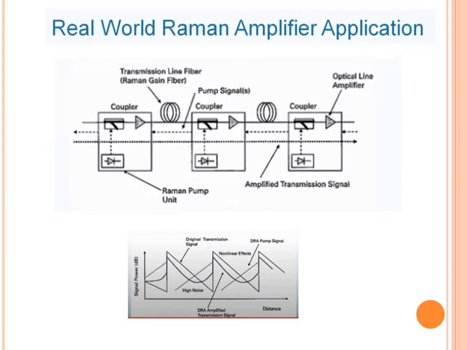So the overall signal is the dotted line, the DRA amplified transmission signal. This is a very typical real world configuration.